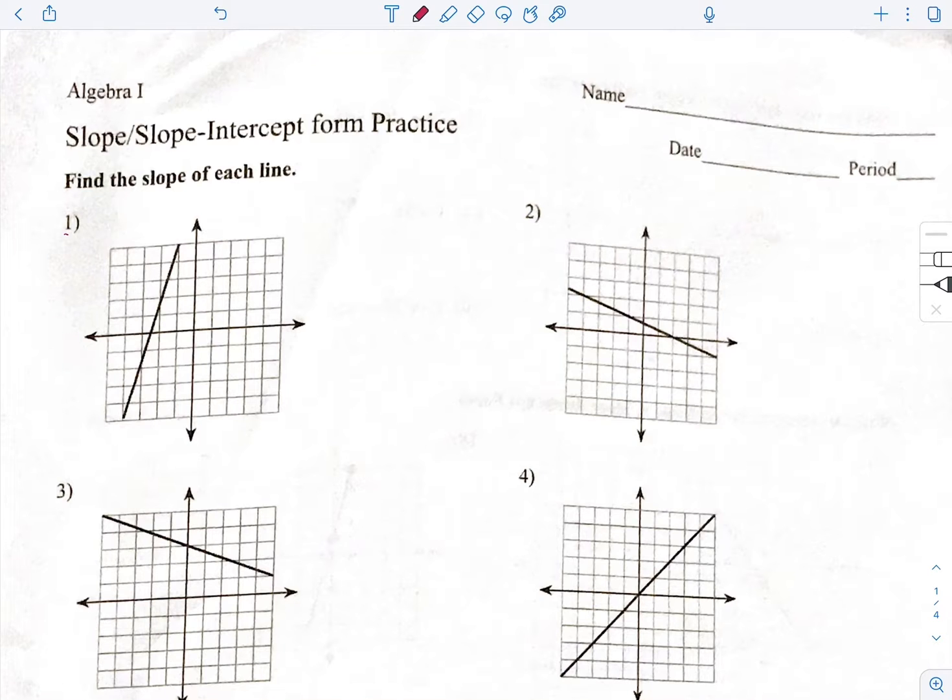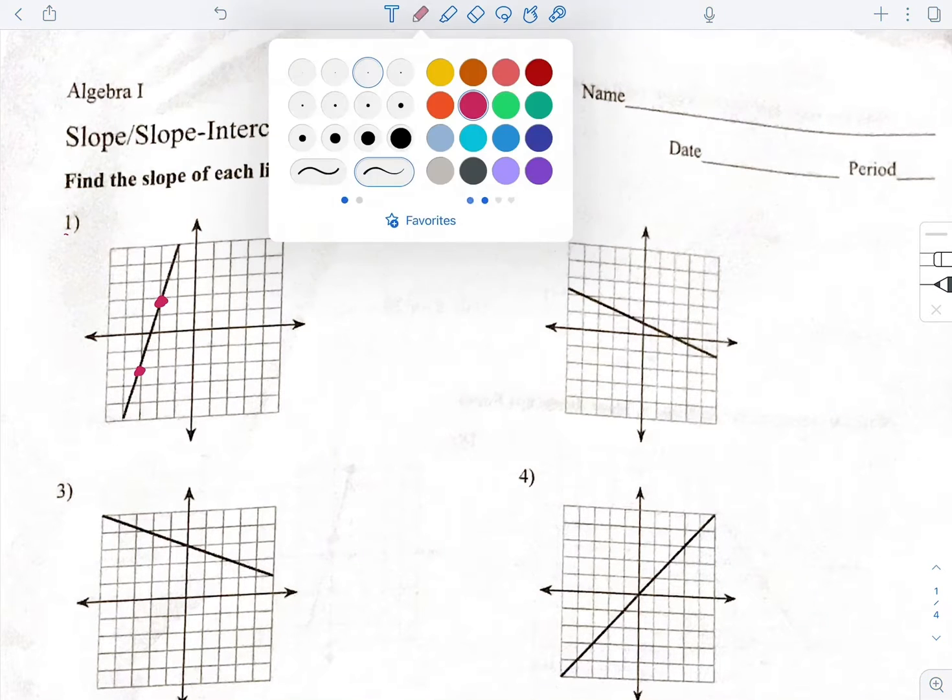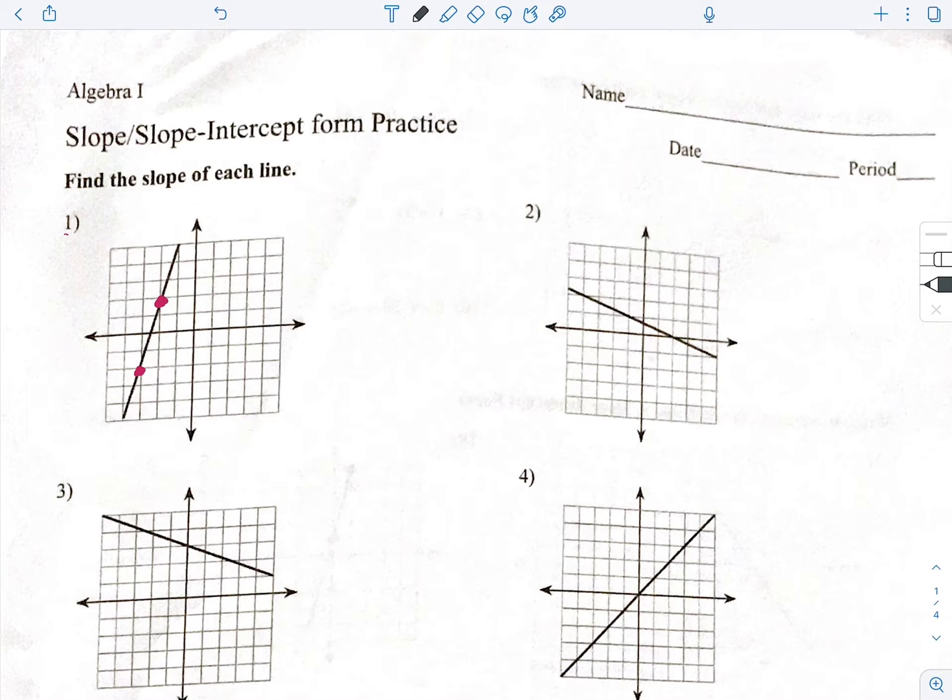And in order to find the slope, remember we just identify 2 points. And after we identify the 2 points, if you need to, go ahead and make sure we recognize this is -3 here, and down 2, that's -2.